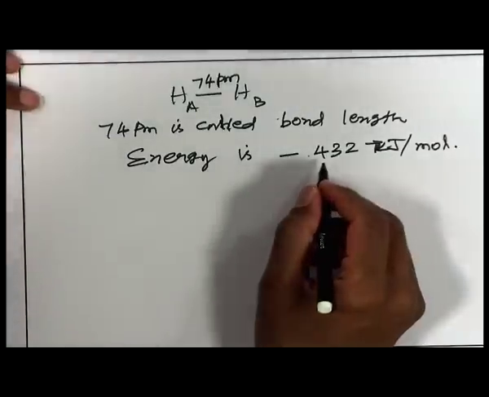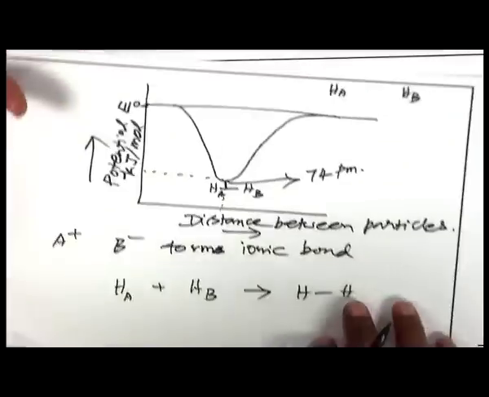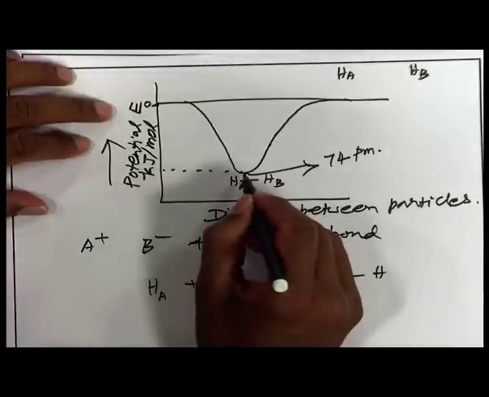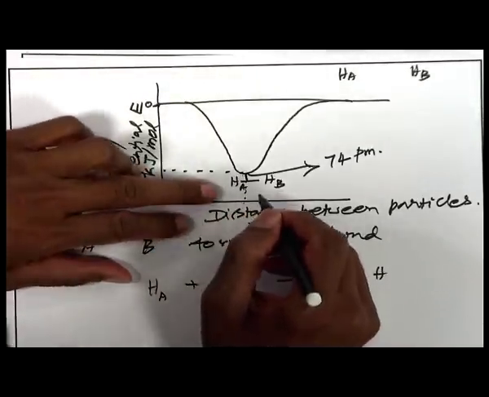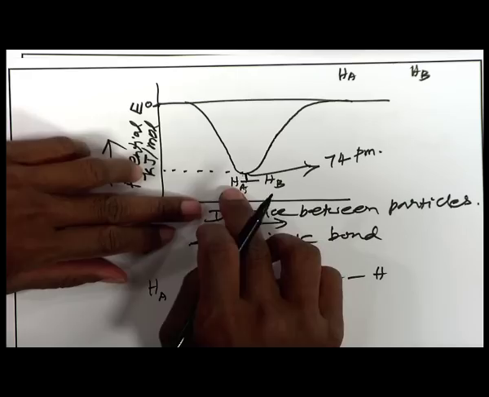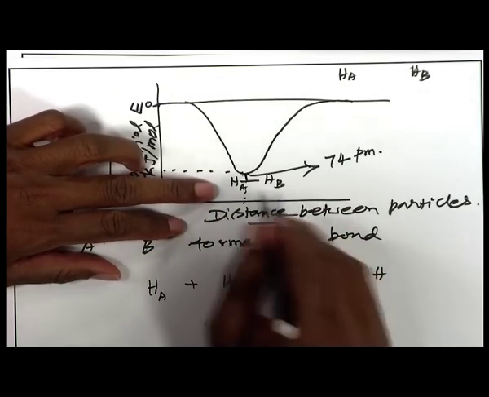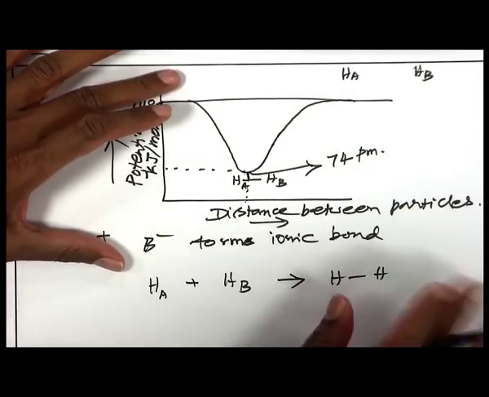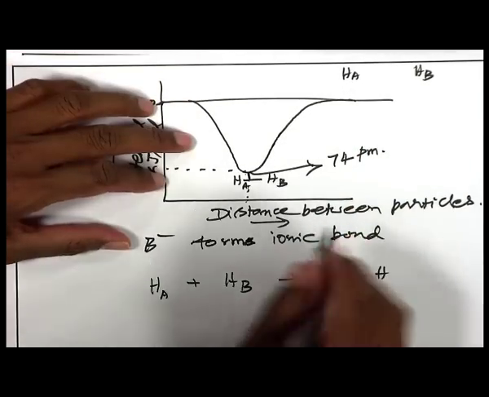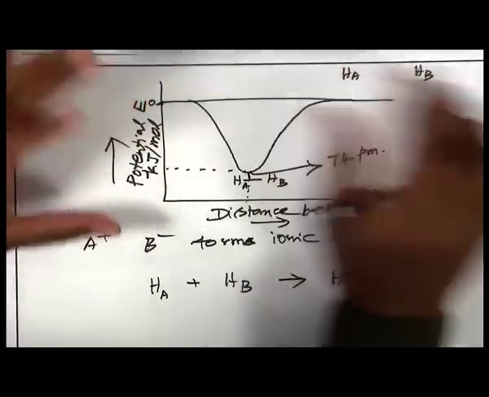So, this is the energy, and this is the distance at which we have this energy. Now, suppose you want to cleave these two hydrogen atoms apart, then one has to give that much energy, 432 kilojoules per mole, to a hydrogen molecule to break the two hydrogen atoms apart.